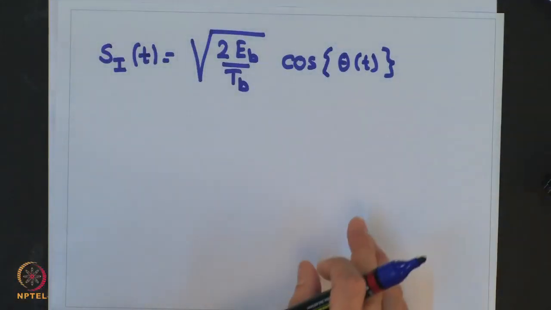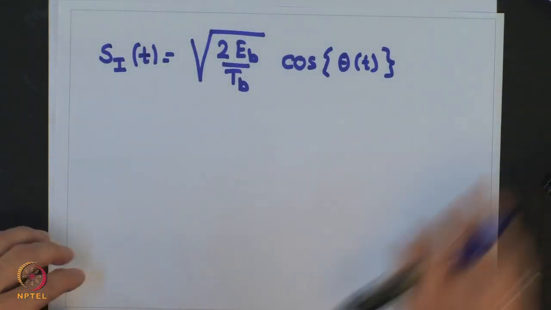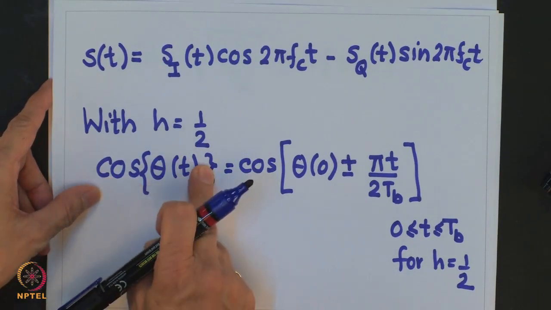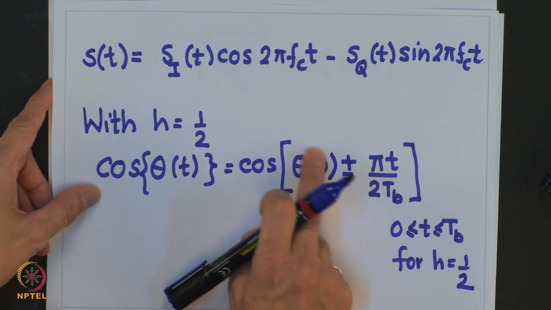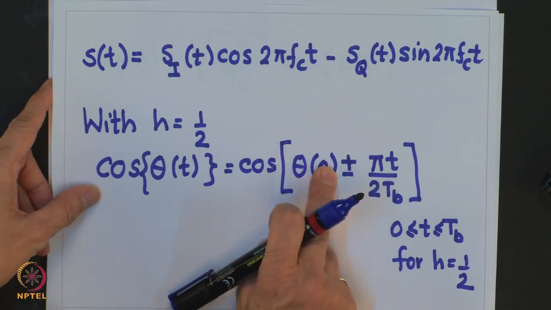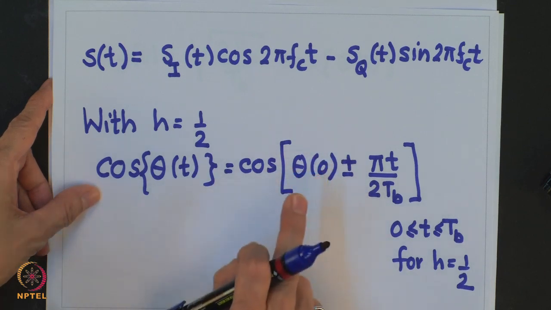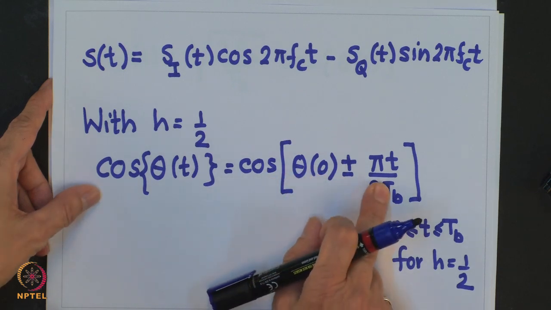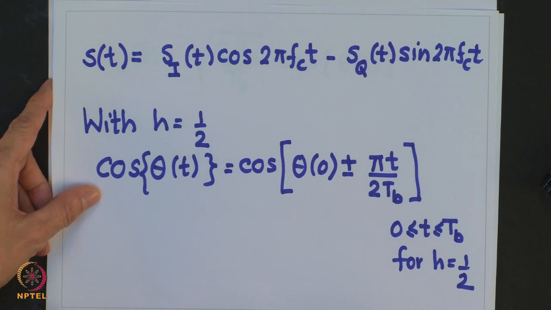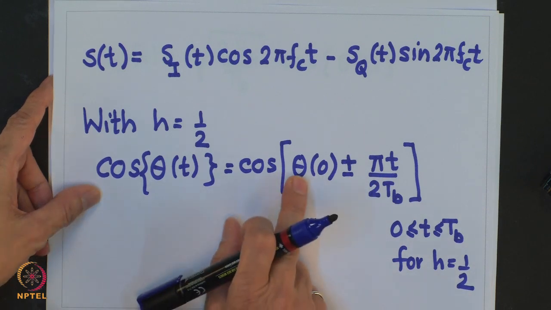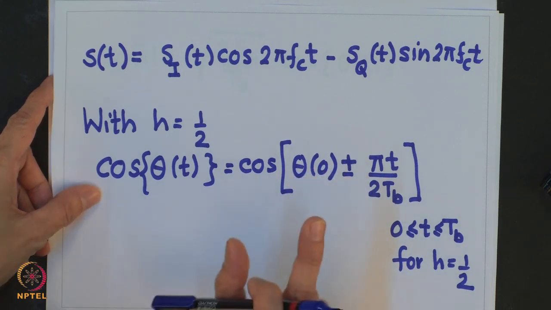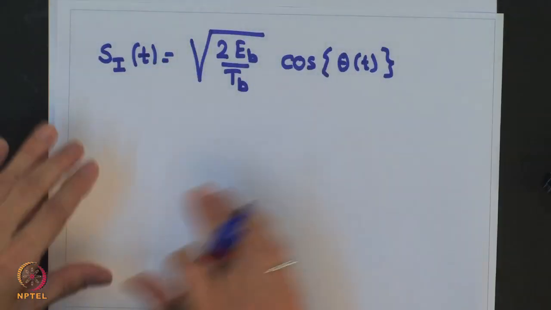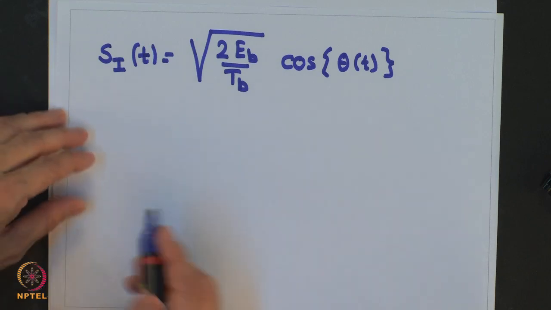So, the polarity of this cos theta(t) will depend on theta(0), regardless of the sequence of ones and zeros transmitted before or after t equal to 0. And remember, theta(0) can take only two values, that is 0 and pi. So, your s_I(t) is going to be a half cosine pulse.